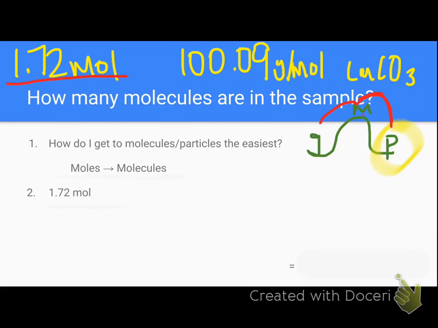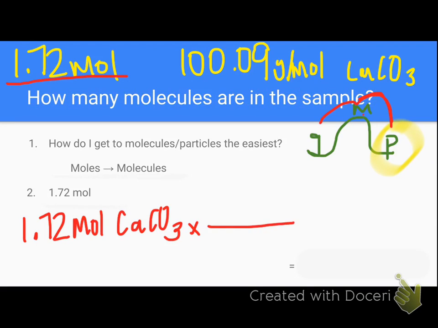So I'm going to start with the 1.72 moles of CaCO3. And now remember, with this value here, we associate that 6.02 times 10 to the 23rd number.